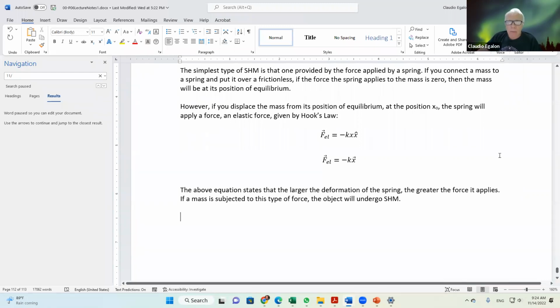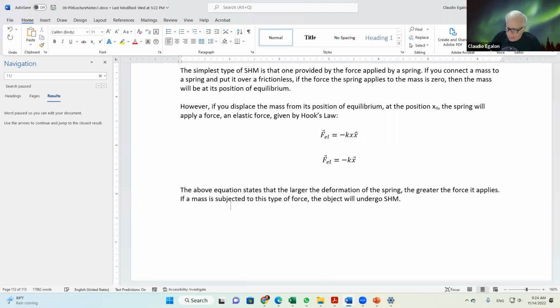But let me tell you something else that I didn't tell you. Here you already know that's the position of the mass with respect to the equilibrium position. But what about this K? In the above formula, K is a constant that depends on the properties of the spring.